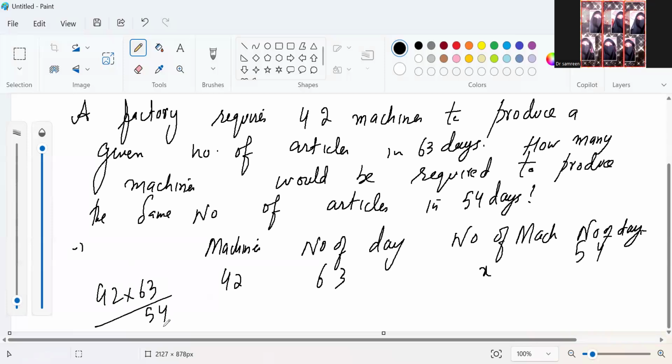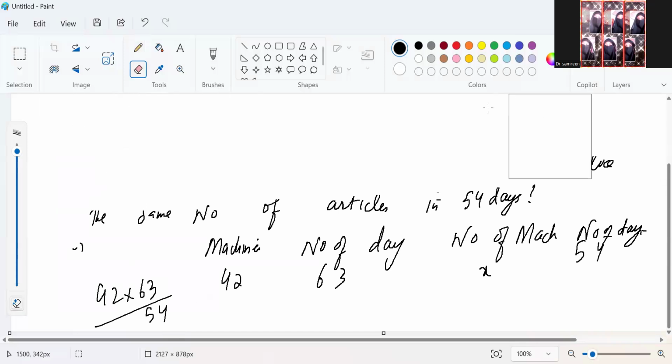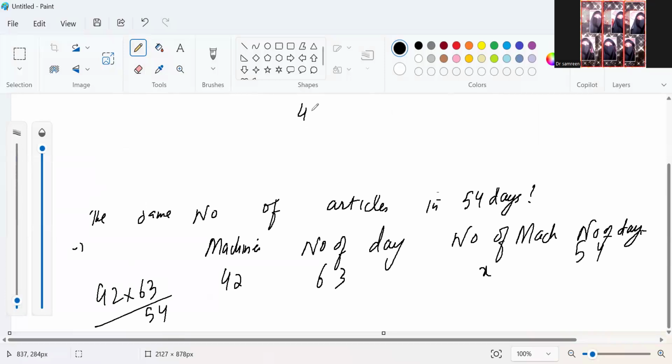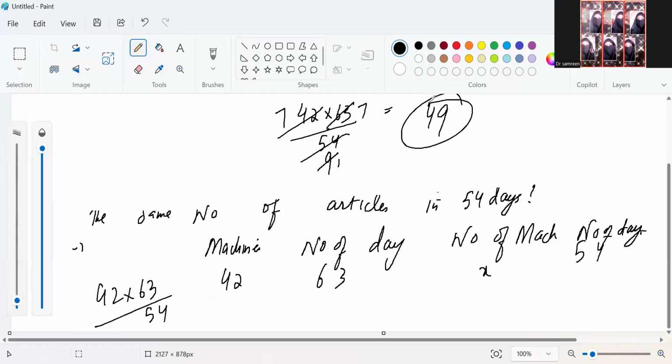Divide by 54. 6 7 are 42, 6 9 are 54, 9 1 are 9, 9 7 are 63, 7 7 are 49. So the answer will be 49 machines.